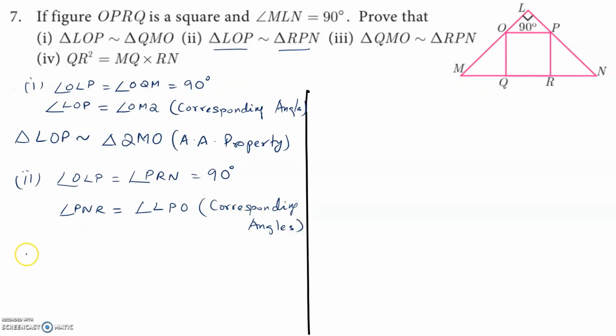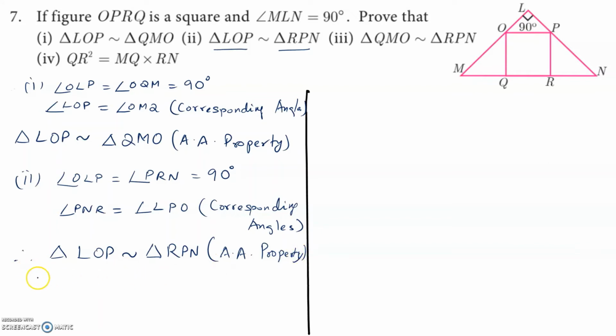Okay, so therefore triangle LOP is similar to triangle RPN using the angle property.